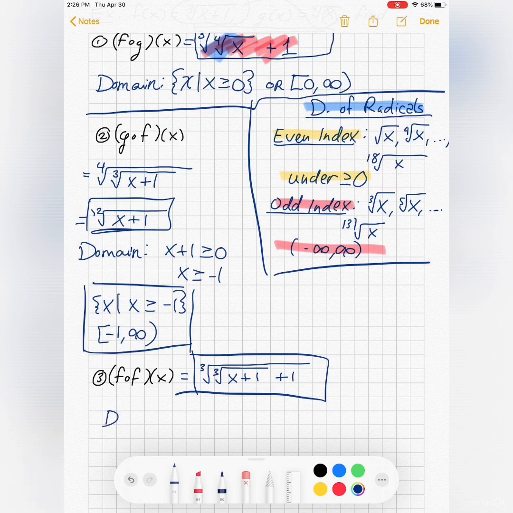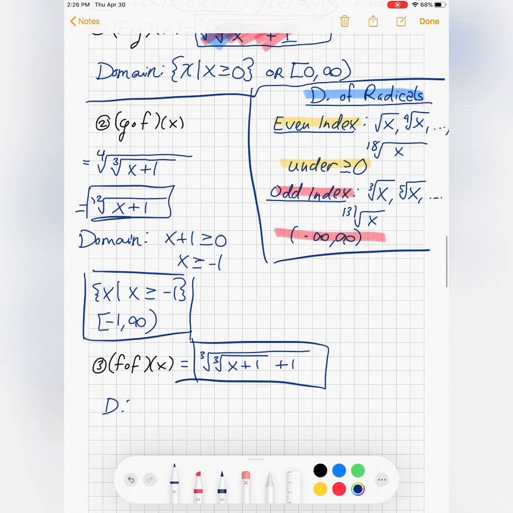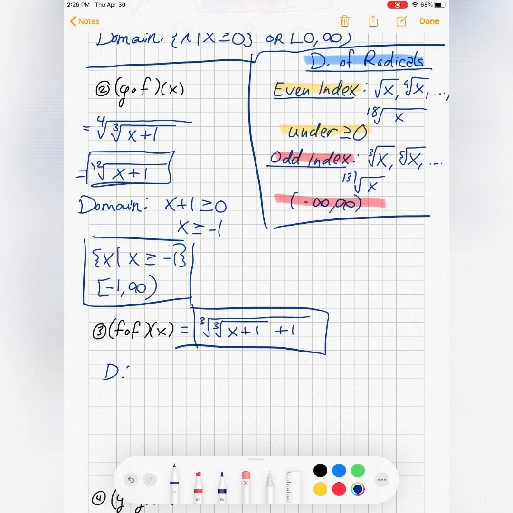And then I guess this is the easy one, because I only have cube roots, odd index roots here. So I'd say the domain is the set of all x's where x belongs to the set of real numbers, or in other words, x is any real number, from -infinity to infinity.